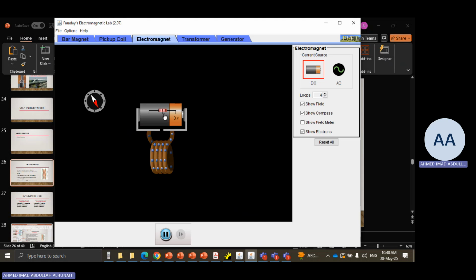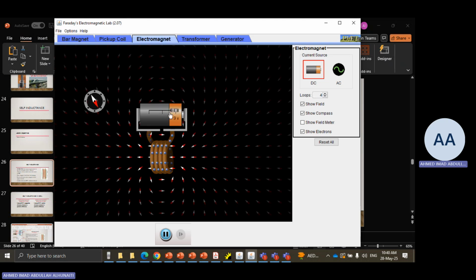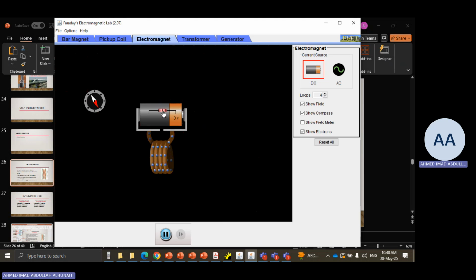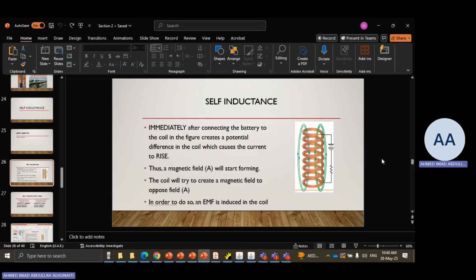When I connect this battery to the coil and the potential difference begins to increase, a magnetic field will be generated around this coil. The strength of the field depends on the current flowing through. The greater the current, the greater the strength of the magnetic field. This is an important factor. So let's go through this in detail.